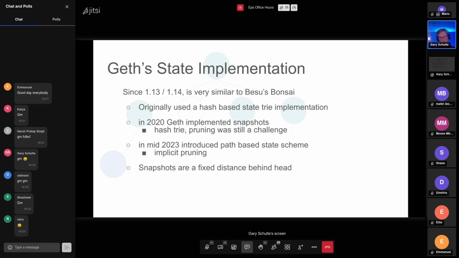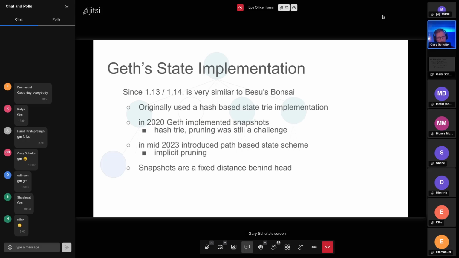However, it's a hash tree still, and the changes accumulate in memory for up to 128 blocks. Every time the head of the chain goes beyond 128 blocks, they collapse, they commit that 129th block diff to disk. So they keep a running 128-blocks-behind state tree on disk, just a single hash tree.